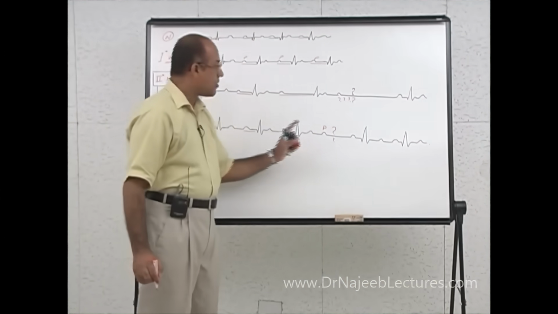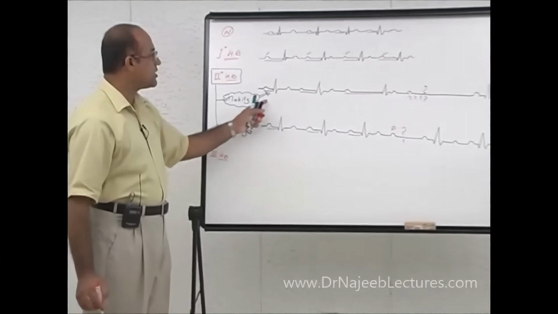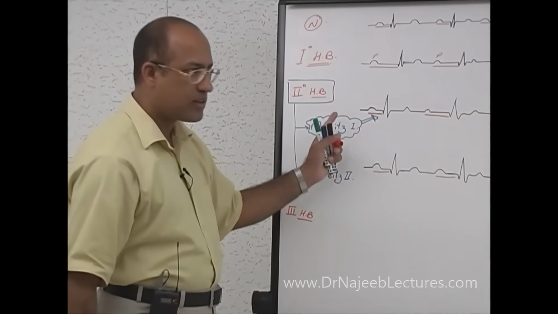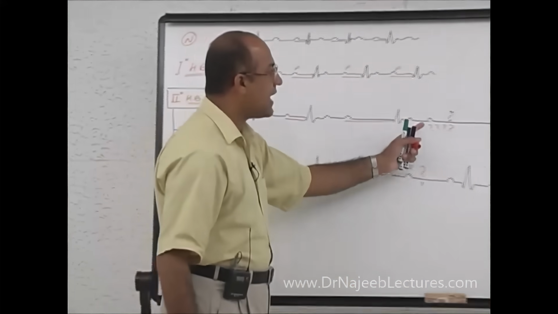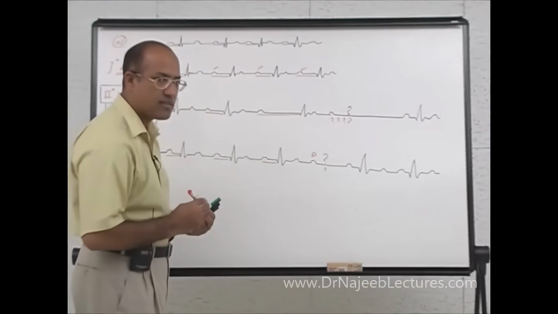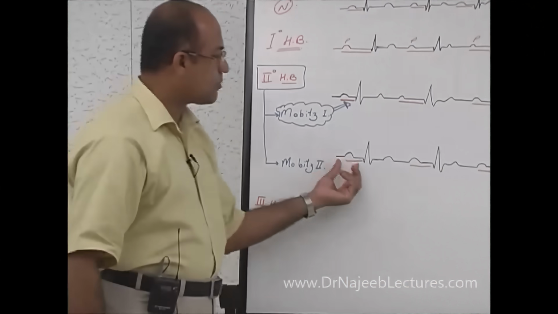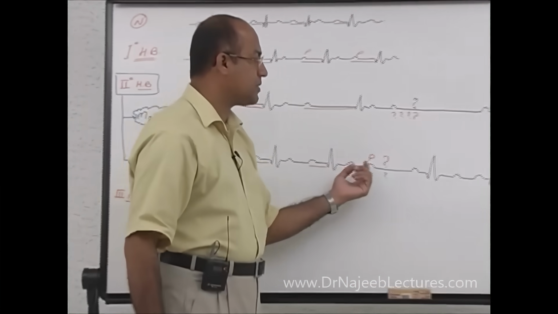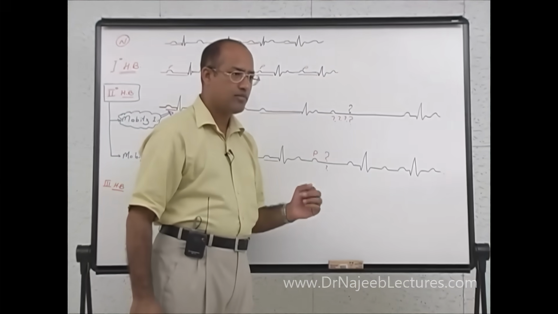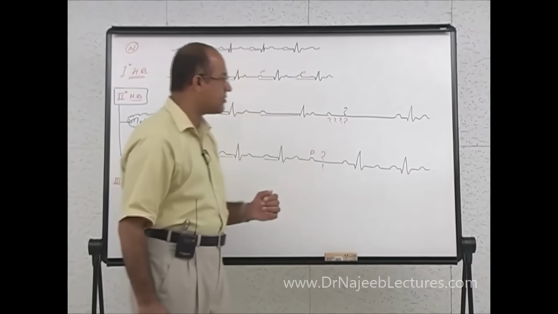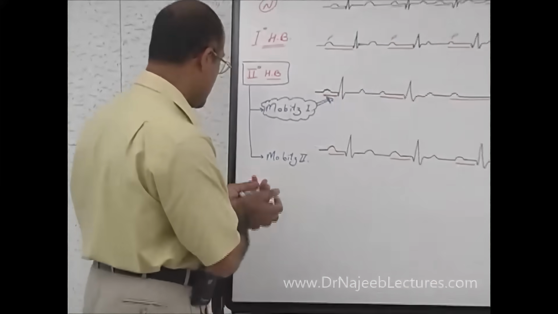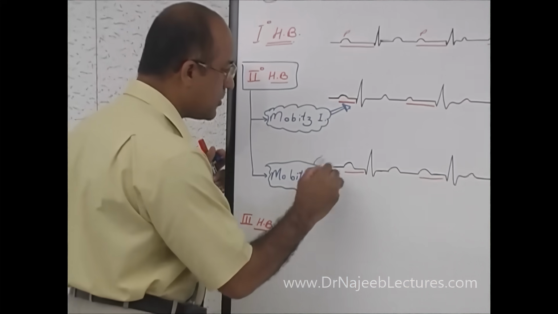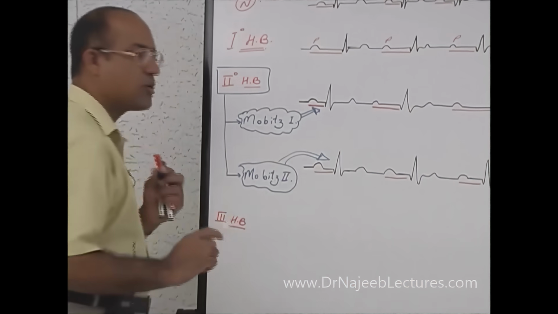There is nothing like Mobitz 1 here. What was the special aspect of Mobitz 1? There was progressive elongation of the PR interval until one P was not followed by QRS. But here the PR interval is not progressively lengthening; rather it is stable until we come across a P wave which is not followed by QRS. This type of second degree heart block is called Mobitz type 2.